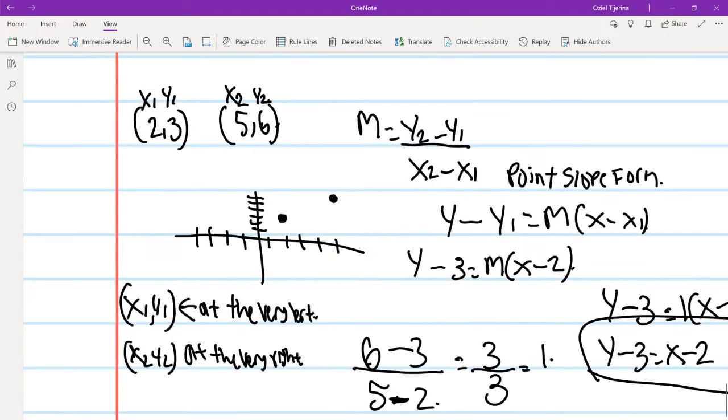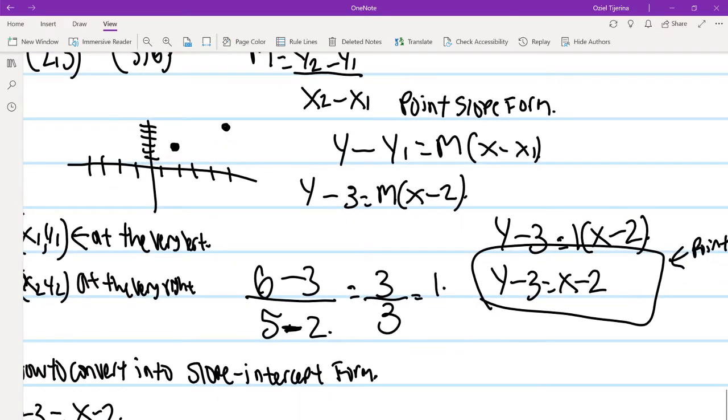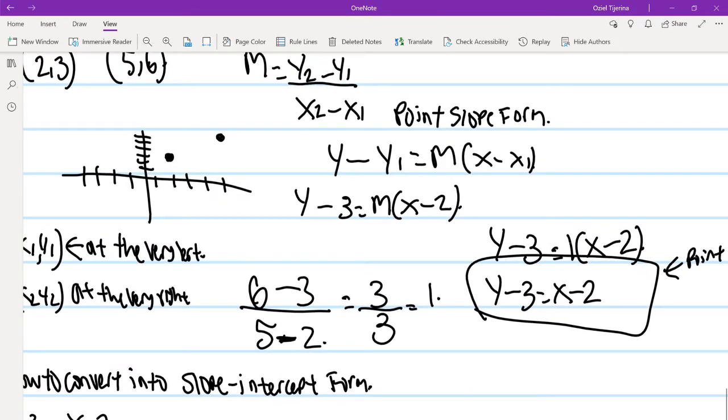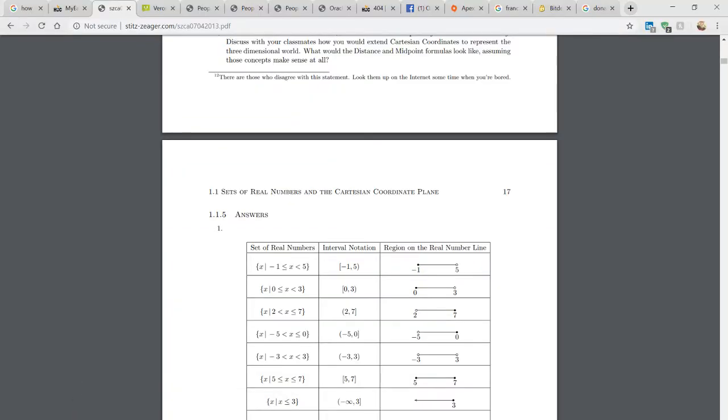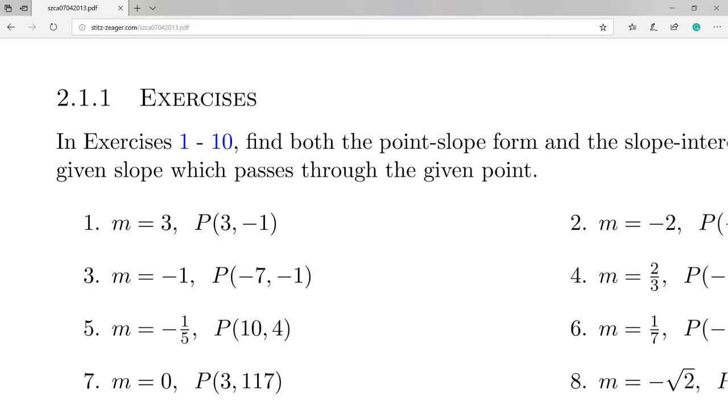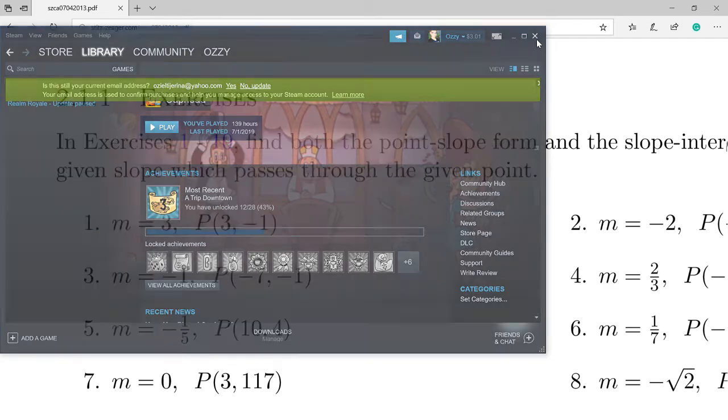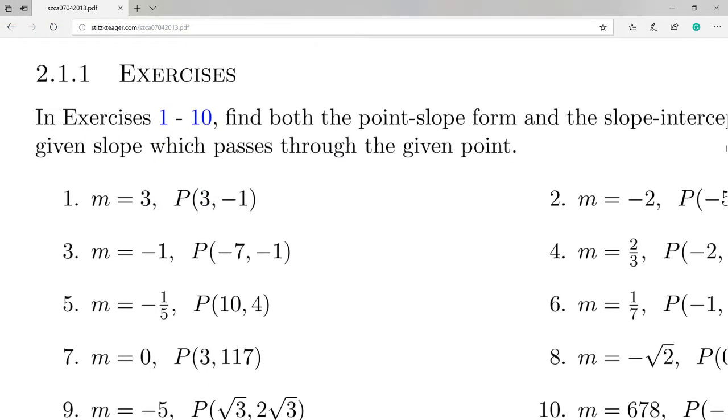So, let's see what else there is available. Oops, my bad.